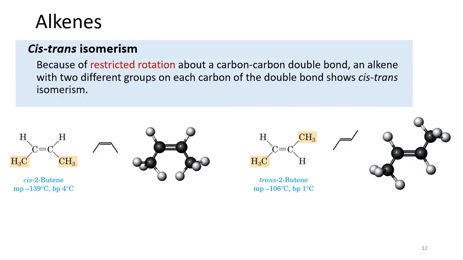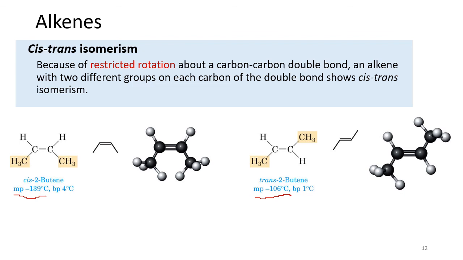One thing to keep in mind while you're looking at all of this is that these cis-trans isomers are isomers of each other, and because they are isomers, they are different molecules with different properties. If we compare the melting point of cis-2-butene to trans-2-butene, we see that trans-2-butene's melting point is much higher than that of cis-2-butene.